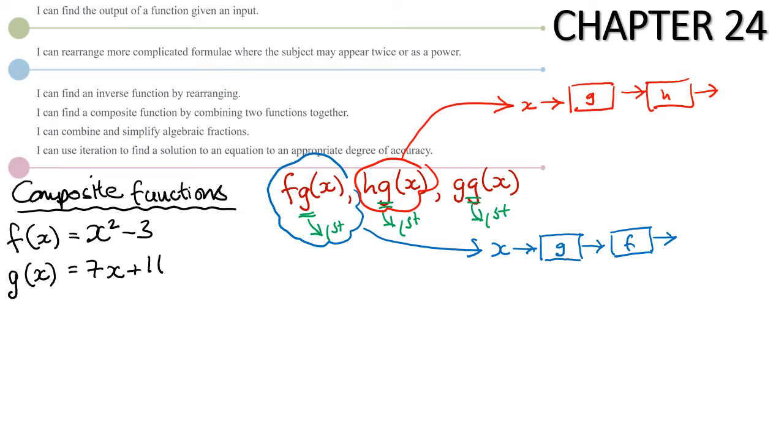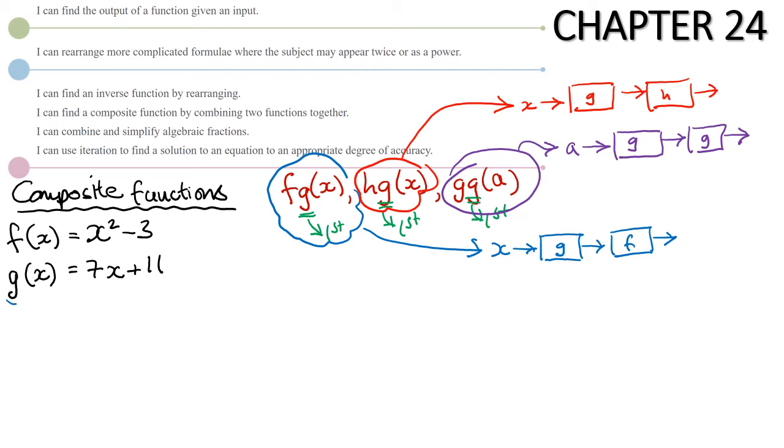And then this one, for example, you start with x, it goes into, well, let's do a different letter. So rather than x there, let's say this had the letter A. So that means what we do is we start with the letter A, that goes into function g, and whatever comes out of g goes into g again, and then we get our output. So let's do a couple of examples.